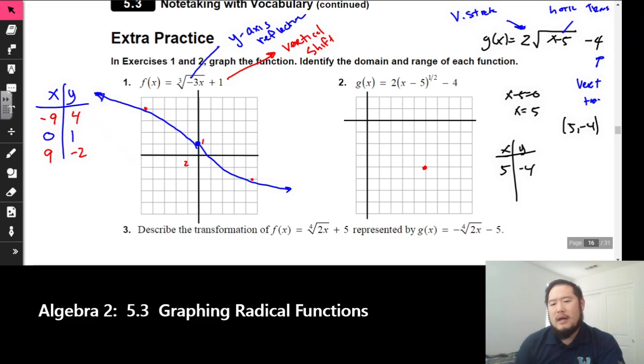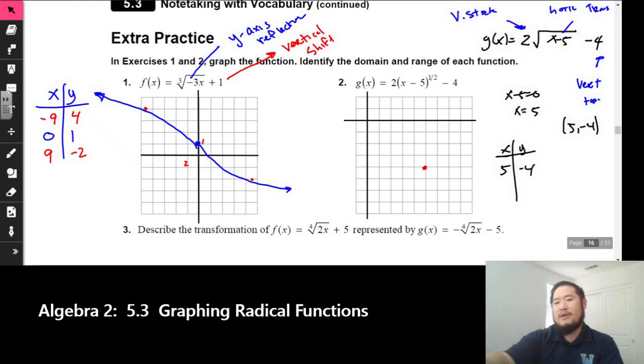You don't want negative 1, 0, 1, and 2, because if I were to plug in, let's say, 0 into this function, what ends up happening? 0 minus 5 is negative 5. You cannot take the square root of negative 5. That's why we can't use that number, and I have to start with positive 5 right here.